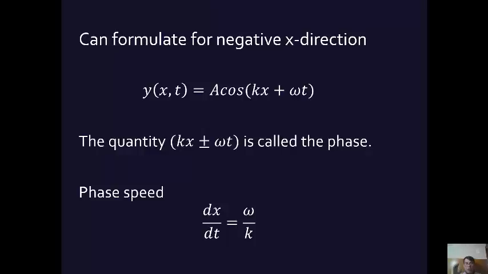If you don't know calculus, don't worry about it. Basically, it comes out this way: the instantaneous rate of change of the distance in relation to time is going to equal omega divided by k. And so basically this is another velocity. This is called the phase speed. And so the phase speed, the speed of the wave, another formula that you can have in your hopper, is the phase speed equals omega divided by k. Well, this was a bit of a complicated one, but I hope that it shed some light on the section.